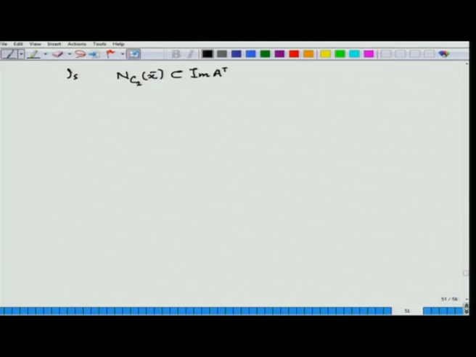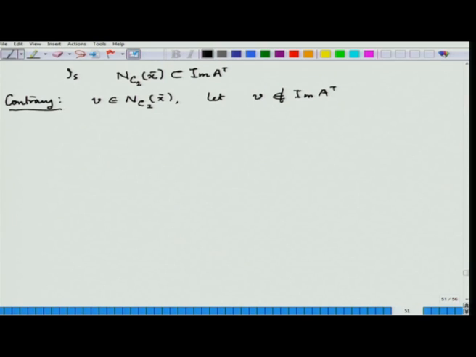You go about it in the following pattern. Let me take a v in N_C2(x bar), and I am assuming something which is contrary to what I want to prove. Take v here and let v not be an element of the image of A transpose.